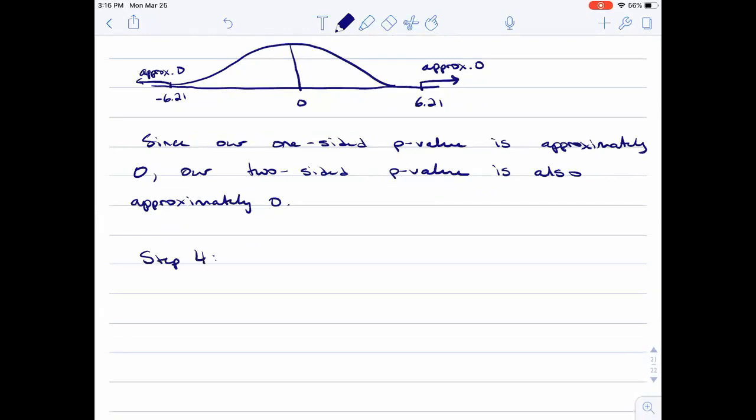Step 4 is our conclusion, and our conclusion has always been the same.